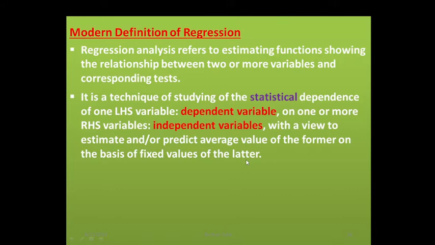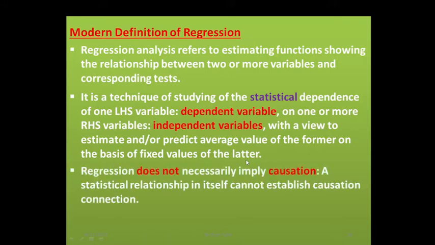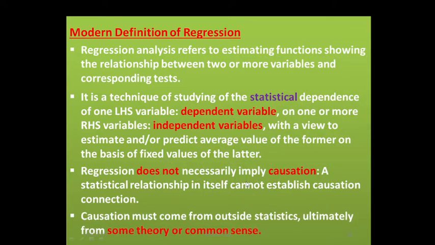Regression does not necessarily imply causation, because a statistical relationship itself cannot establish causation. Causation must come from outside statistics, ultimately from some theory or common sense.